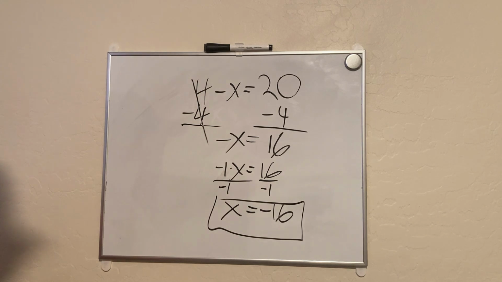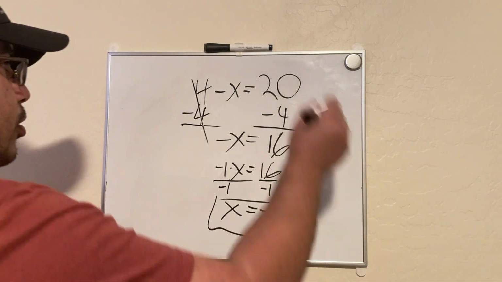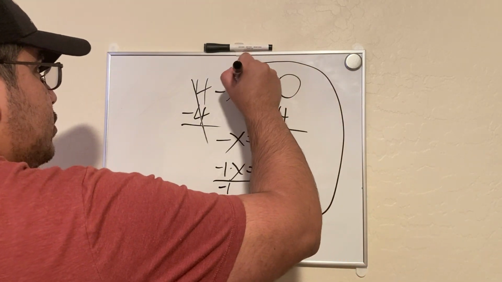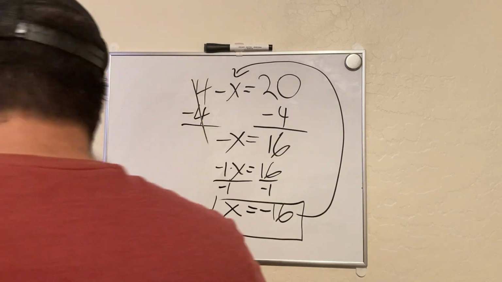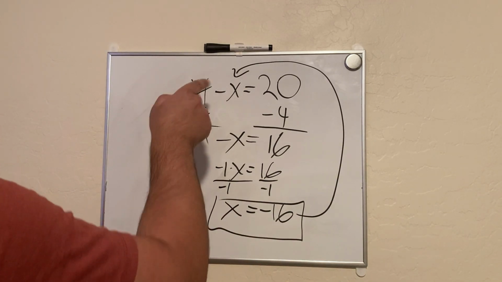How can we know for sure if this is the answer? Here we have to double check. We have to plug 16 back into x. I'm going to need to clear my board, and I'm going to keep this equation.